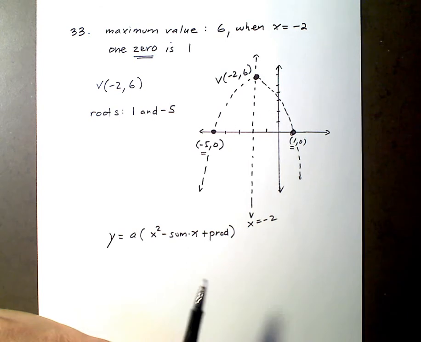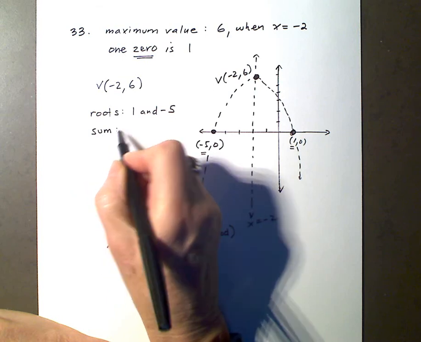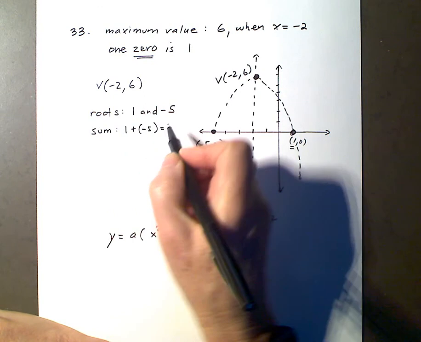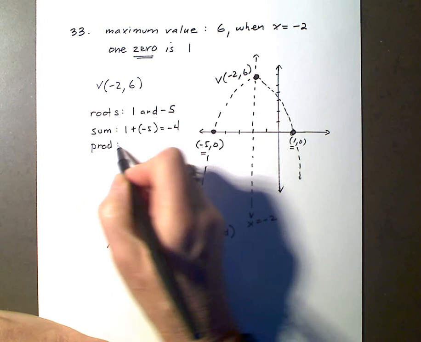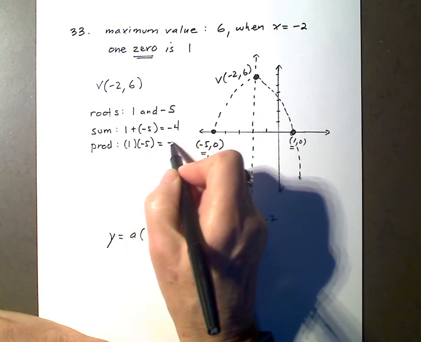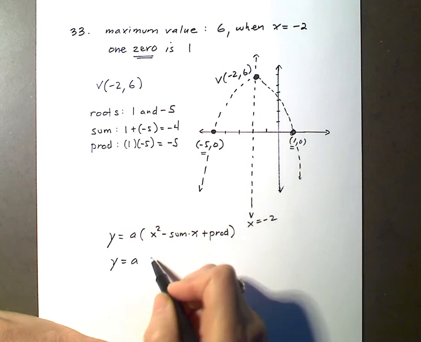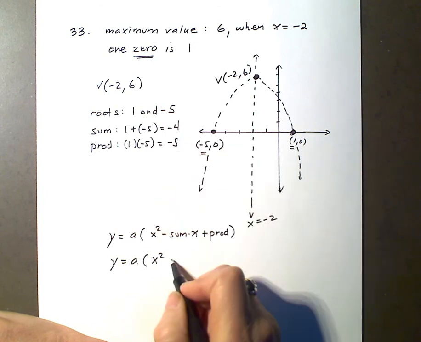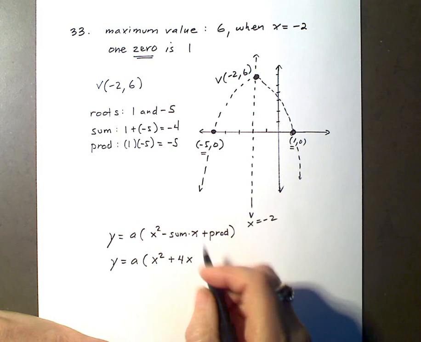The roots are 1 and negative 5, so the sum of the roots is 1 plus negative 5, or negative 4, and the product of the roots is 1 times negative 5, or negative 5. So y equals a times x squared minus negative 4x, so that's a times x squared plus 4x, plus negative 5, which is minus 5.